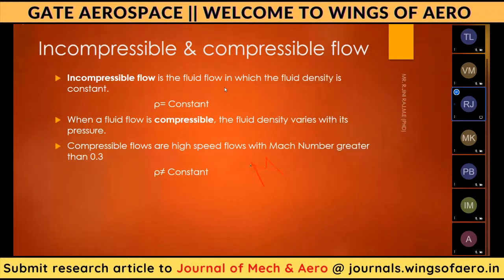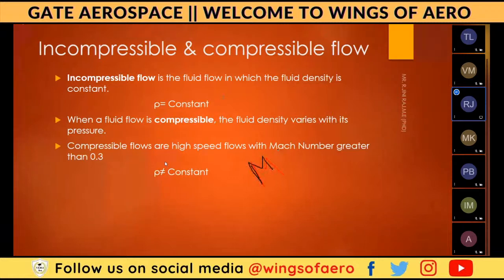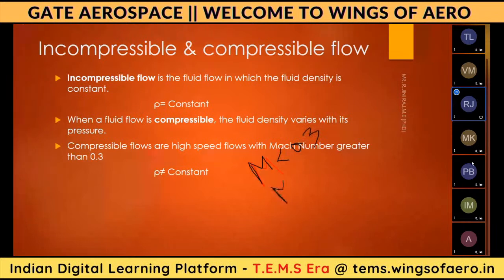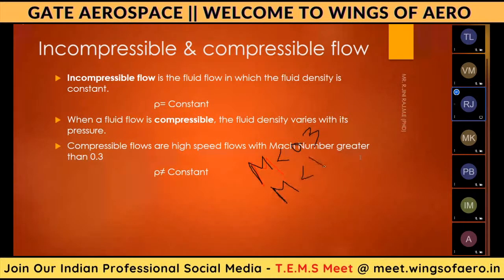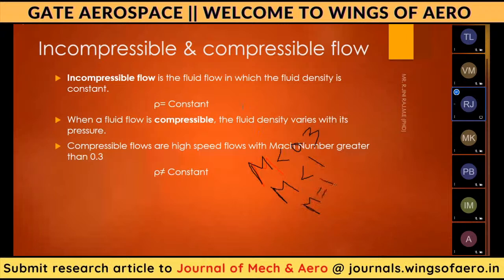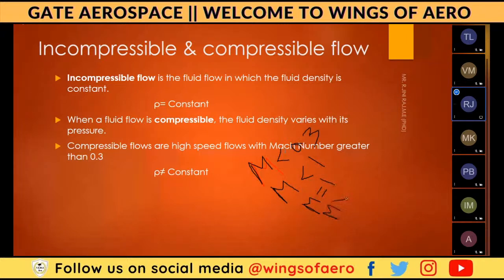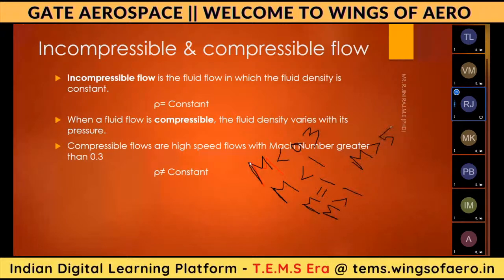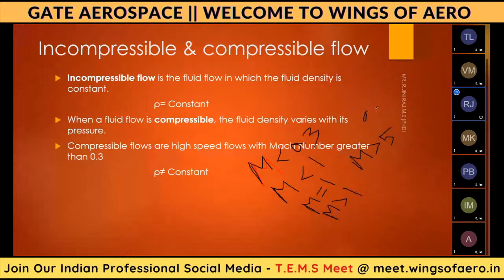M less than 0.3 is incompressible flow, then M less than 1 is subsonic flow, then M equal to 1 is sonic flow, then M greater than 1 is supersonic flow, then M greater than 5 is hypersonic flow, and another one is transonic flow, between 0.8 to 1.2.